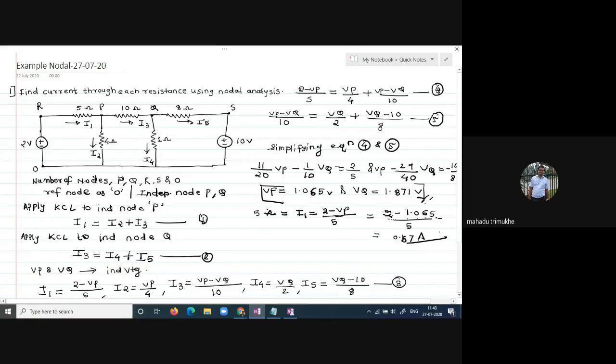Similarly, the current flowing through the 4 ohm resistance is what? That is Vp by 4. That is I2 is equal to Vp by 4.